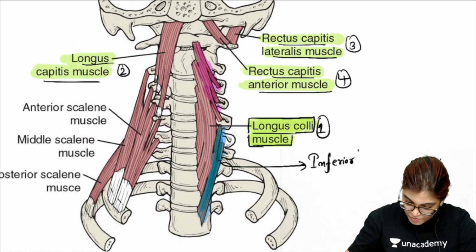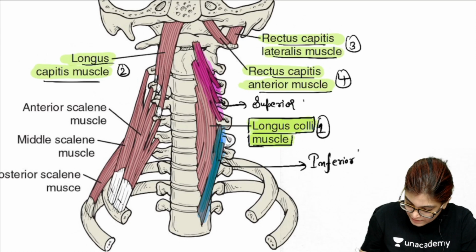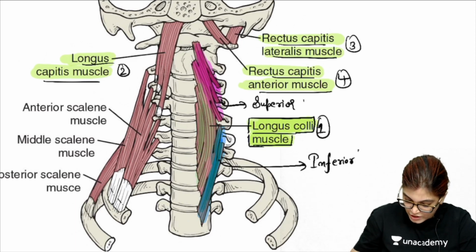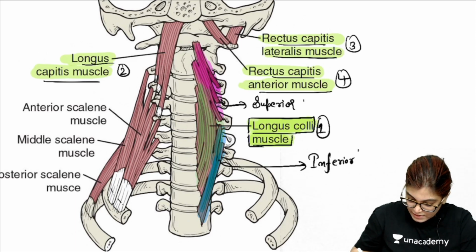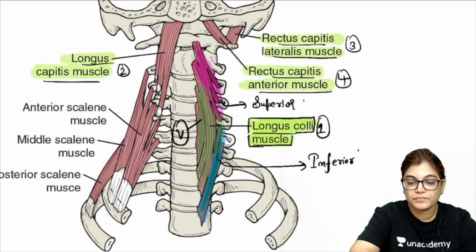This is the superior part of the Longus coli muscle. And the middle part, which you are seeing as a strip, which I am highlighting in green color, is the vertical part or the middle part of Longus coli muscle.